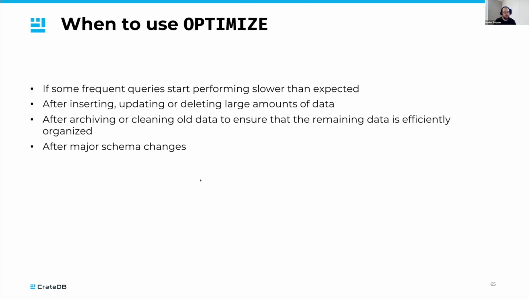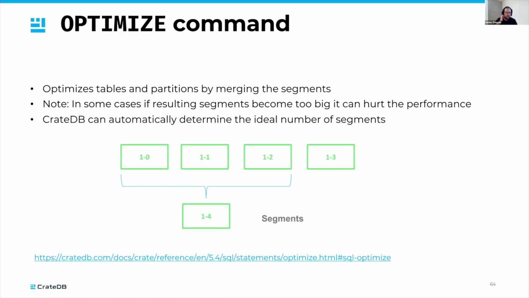So we said about optimize, and you might need to trigger it manually in certain cases. Every table is organized into maybe partitions as an intermediate level, but for sure into shards. And every shard is further split into Lucene segments.